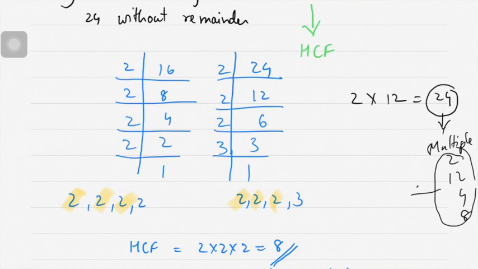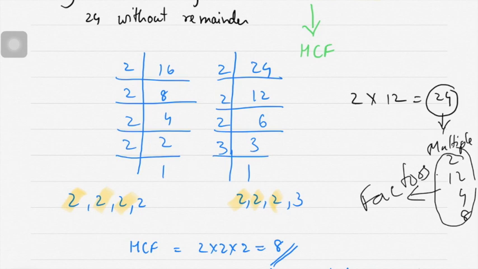Now 2, 4, 8, 12, they are the factors of 24. Are you understanding the difference between factors and multiple? When I write 2 into 12 is 24, 24 is the multiple of 2. It is a multiple of 4. It is a multiple of 8.